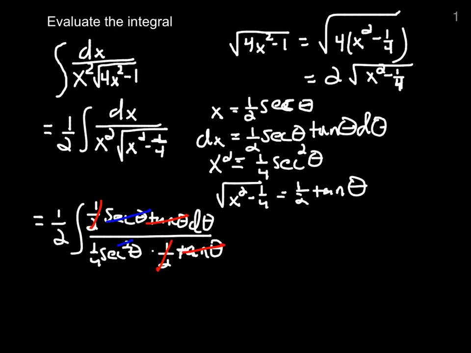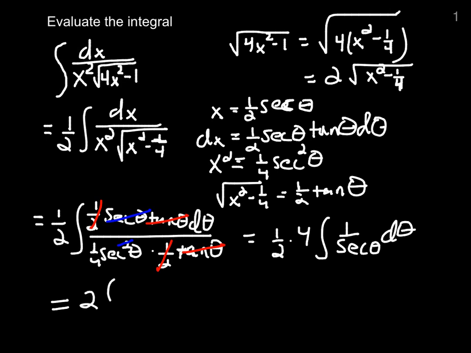And so we're looking at then the 1/2 times the 4, which is the reciprocal of that 1/4. And then we just have 1 over secant theta d theta. Okay, so that'll give us 2 times the integral.